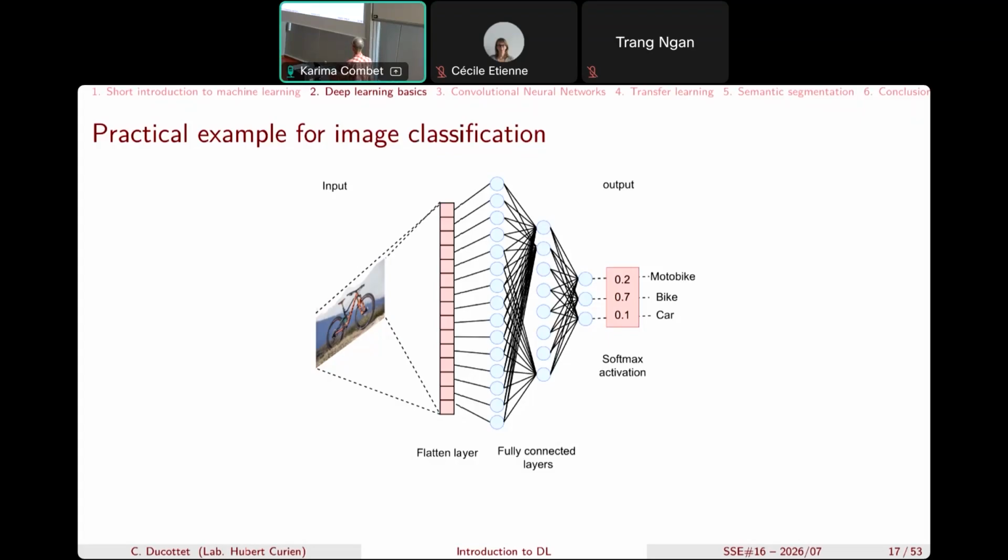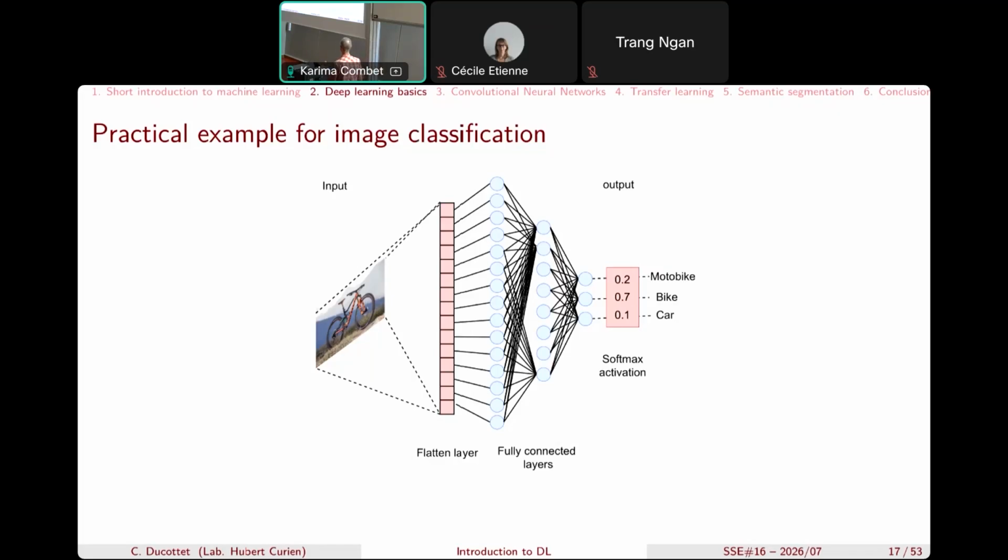So what we could do, we could just make a very big vector composed of all the pixels of this image. It will be this big vector here. And this big vector will be the input of our layers. And it could be represented here as a set of neurons, which will be our input neurons in our system.